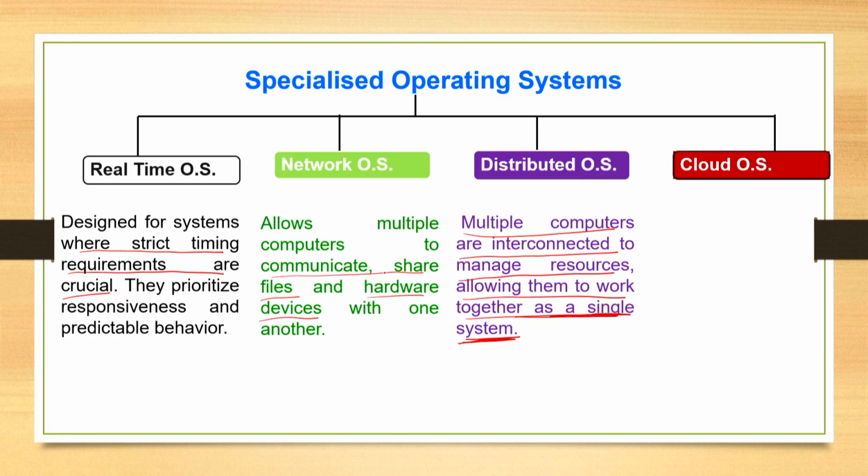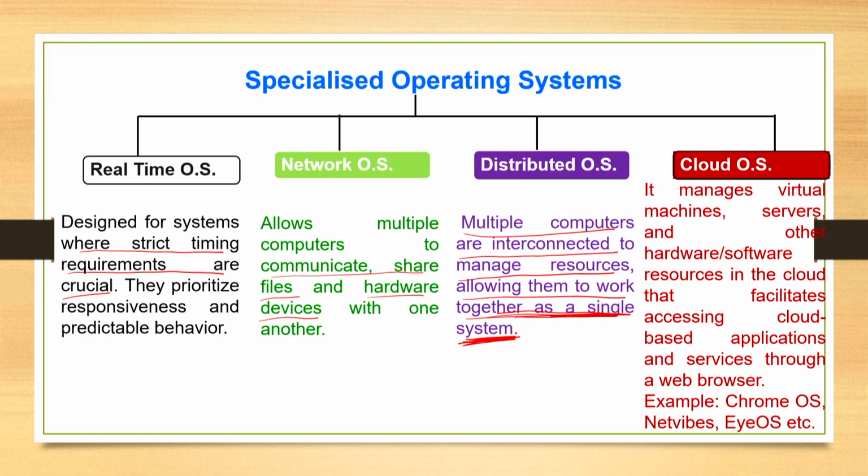Whereas in a network operating system, you can identify all the computers that are attached to each other in the network, while in a distributed operating system the collection of computers represents a single system. That's the difference between the network operating system and the distributed operating system.